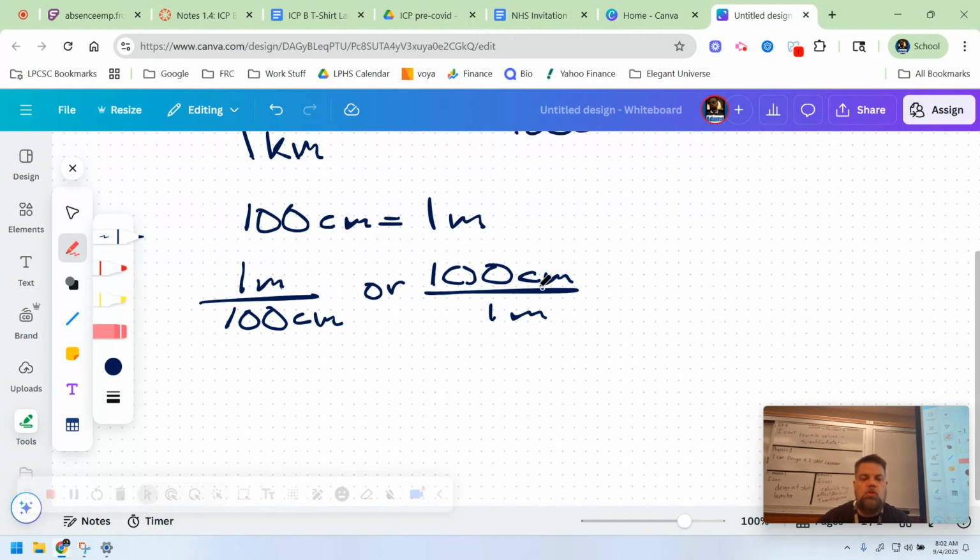And how you choose which conversion factor depends on what you need. Okay? So these are all metric system things. By the way, that's the same as saying 10 squared centimeters equals 1 meter. Right?